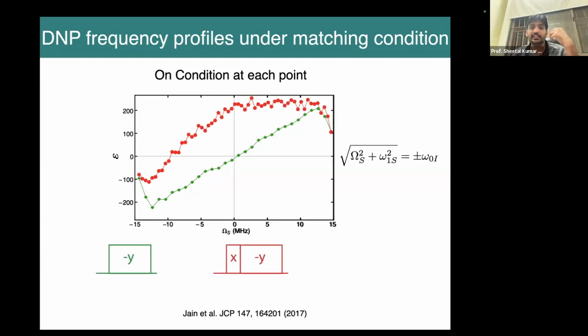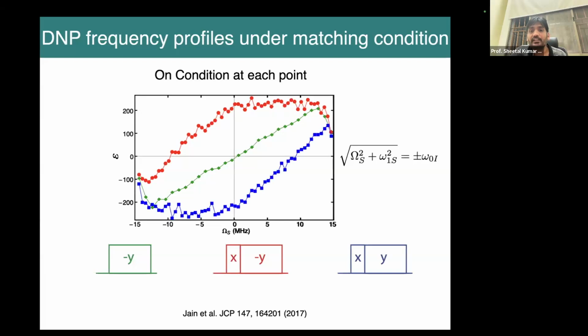And if you do this kind of experiment, which is novel, where you put first an X pulse and then minus Y, the profile looks like this. These are experimental data on trityl. And in this case, you change the phase, and this inverts. So according to the theory so far, we are satisfying the matching condition at every point.